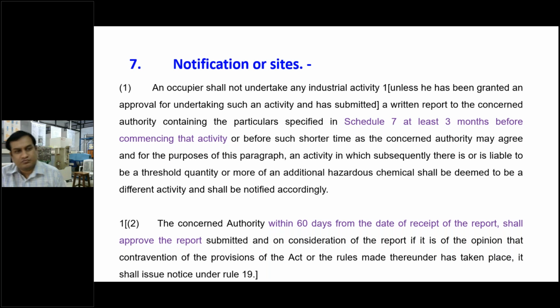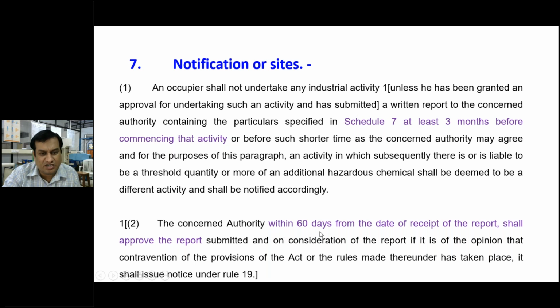So if you are going to add some activity, or start some activities, that may be a new activity, or an activity after a major accident or after some incident, then you have to provide all this information. You have to take the permission from the concerned authority with reference to the guidelines given in Schedule 7 at least 3 months before commencing that activity, right?